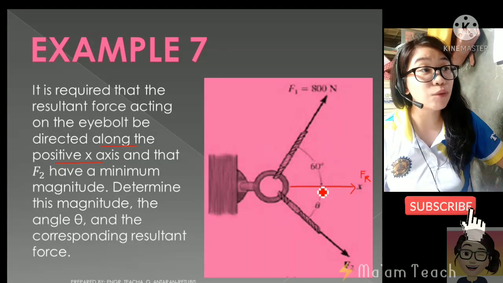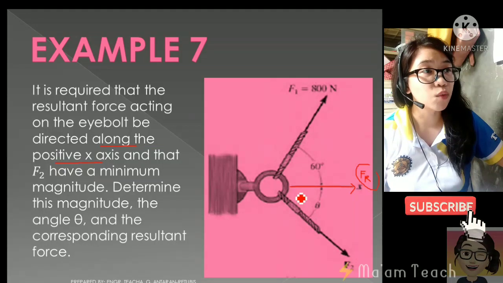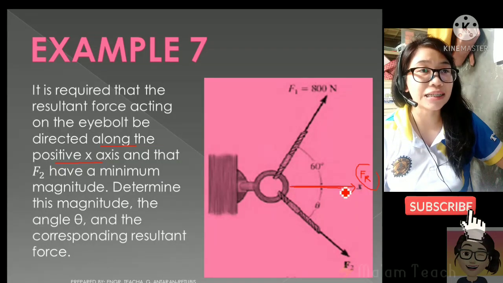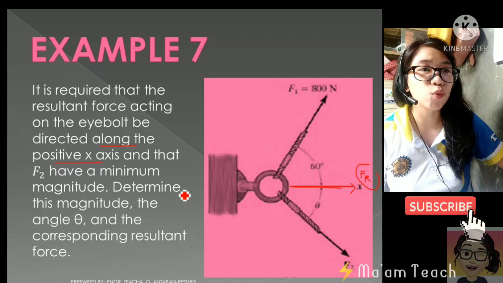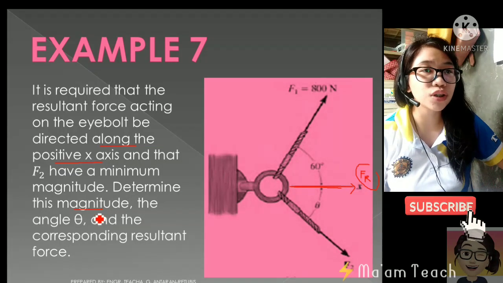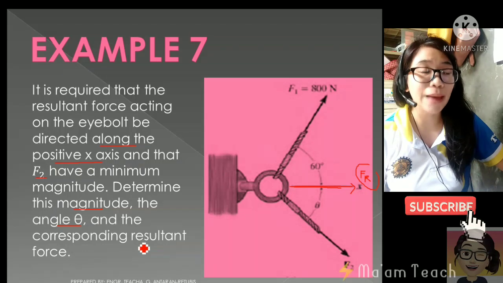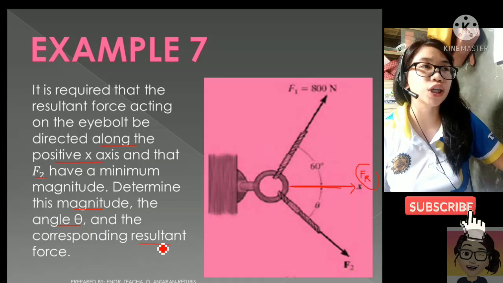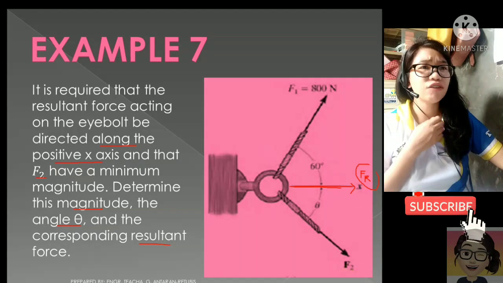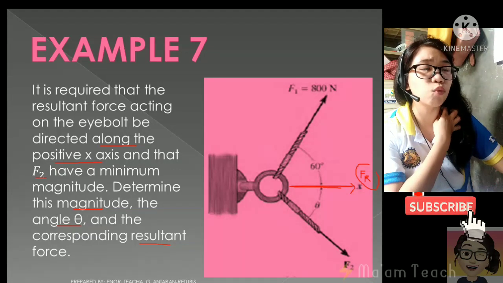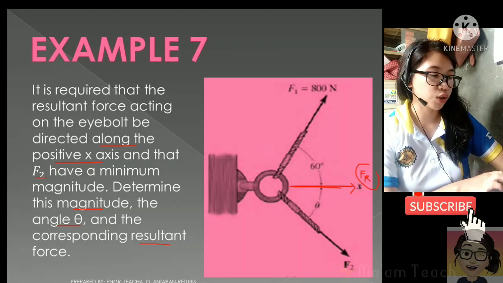So obviously, this is already our direction for f sub r, which is along the x-axis. So in this problem, we are to determine the magnitude and the angle of the f sub 2, as well as the magnitude of the resultant force. The only given here is the value of our f sub 1, which is 800 Newtons.